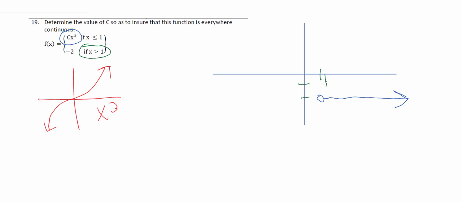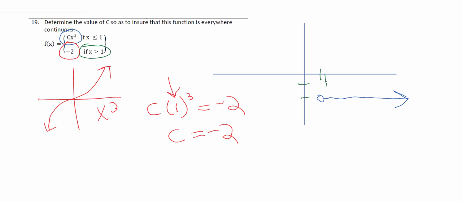So the first thing we need to observe is that the only value that we have for x is x equals 1. And what do we want it to equal so that it will be continuous? Negative 2 is the answer. So if you cube 1, you get 1. So 1c is equal to negative 2.